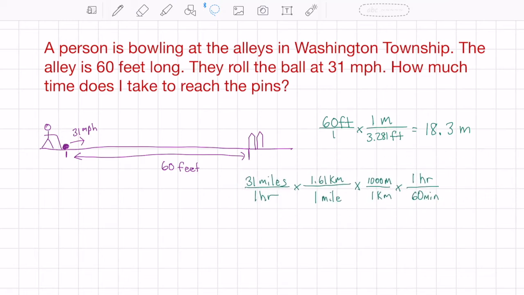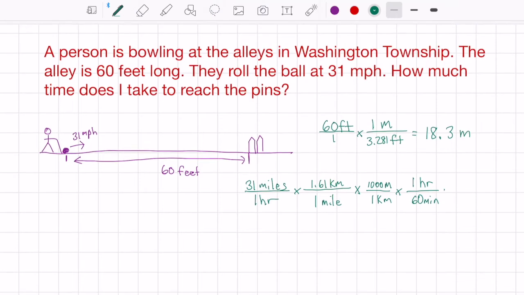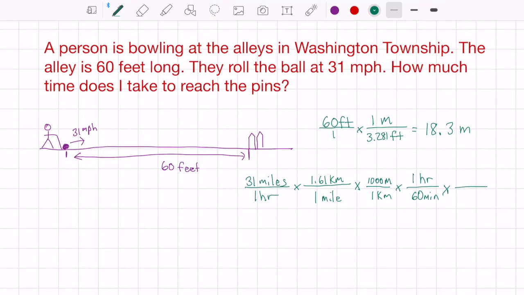And then my last step is I want to convert the minutes into seconds. So we'd have 1 minute up top, 60 seconds on the bottom. Again, I multiply or divide, and in this case I do both.